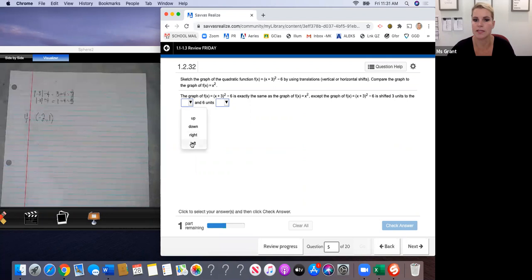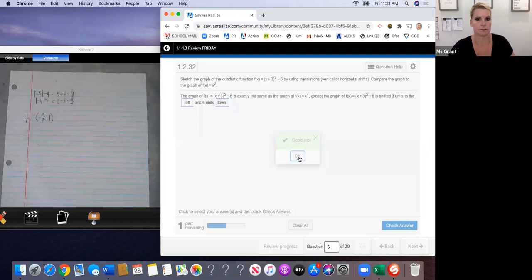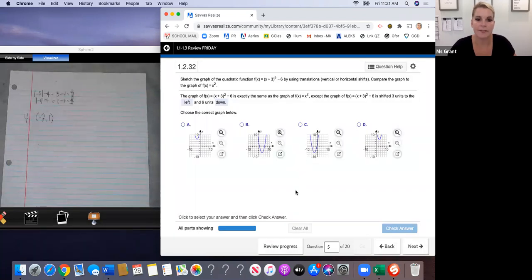So it's going to be 3 units to the left and 6 units down. It's asking you, what is the transformation? And then I have to pick the graph. My vertex is -3, -6, and it's going upward. C.